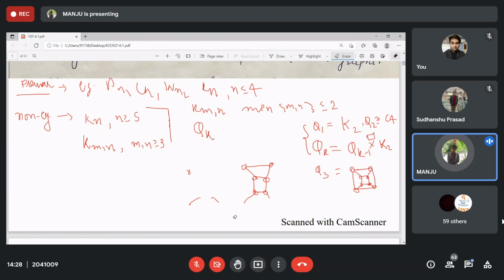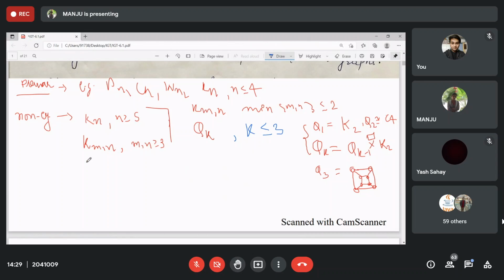So in general, you can say that Q_k is planar for k at most 3, clear? And non-planar for k at least 4. Any other example? Petersen graph, is it planar? Not planar, ma'am.